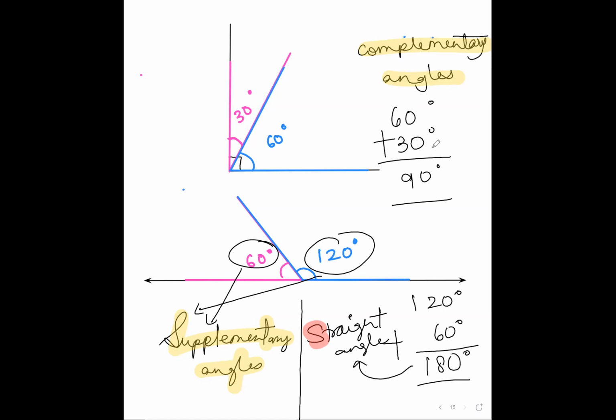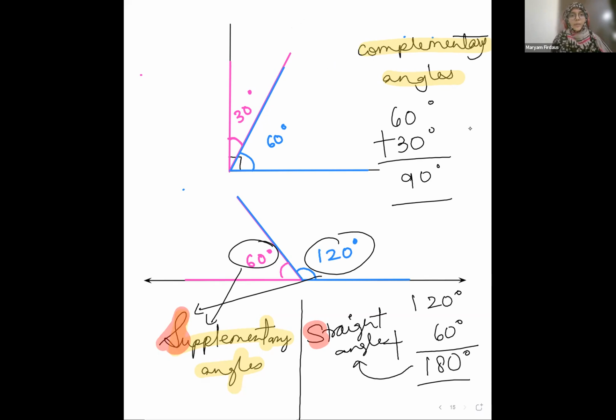Okay. So, can you explain what is complementary angle? I didn't understand. Okay. Complementary angles are two angles which add up to 90 degrees.